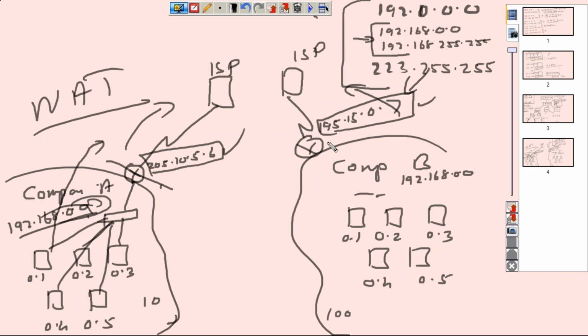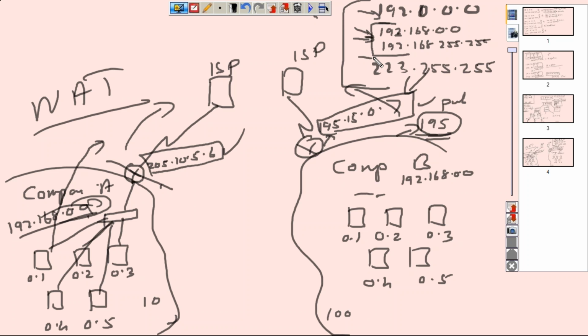So if you look at this address here, that is the 195, right? Is it part of this little section here, or is it part of the bigger section? The bigger one, which means that is a public one. Class C public, because class C private is 192.168. So we know it is class C because it has a 195 first octet, but it does not belong to the private range of 192.168.